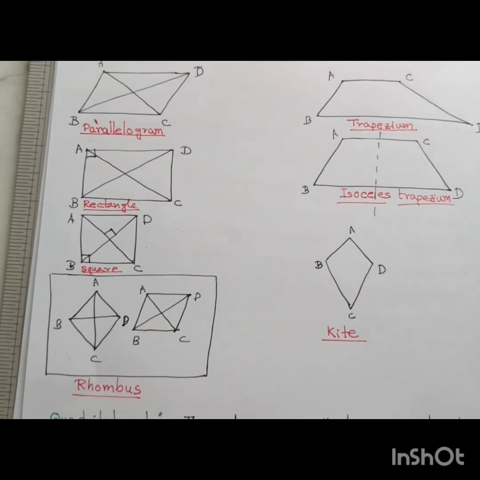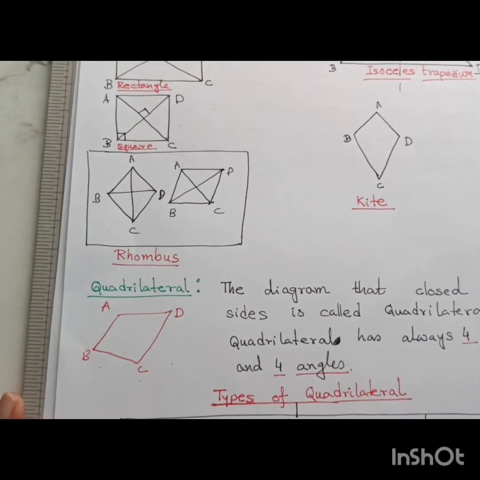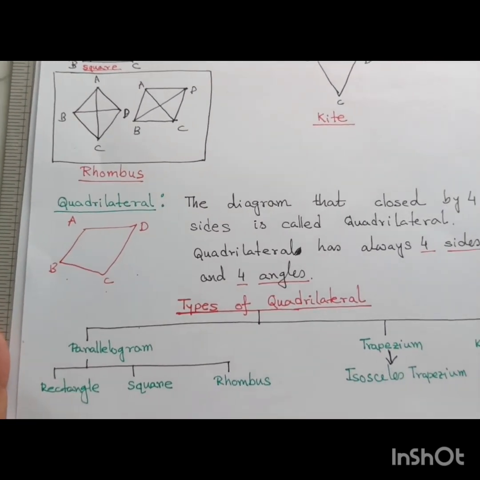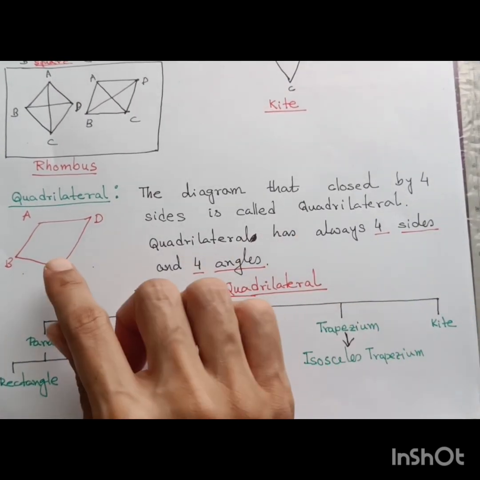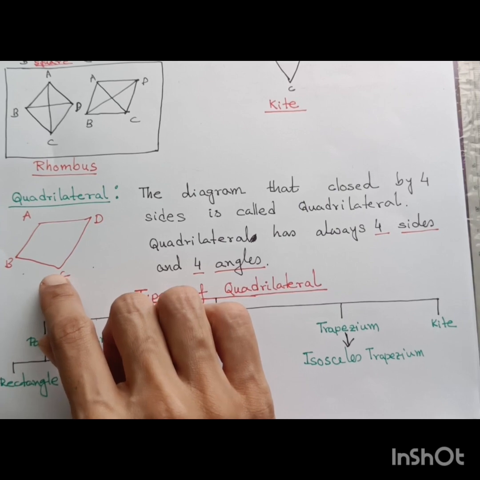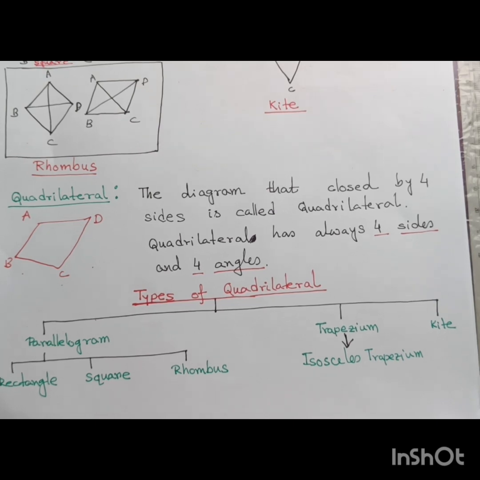Now we have to know what is quadrilateral. See, this diagram is a quadrilateral. The diagram that is closed by four sides is called quadrilateral. A quadrilateral always has four sides and four angles.